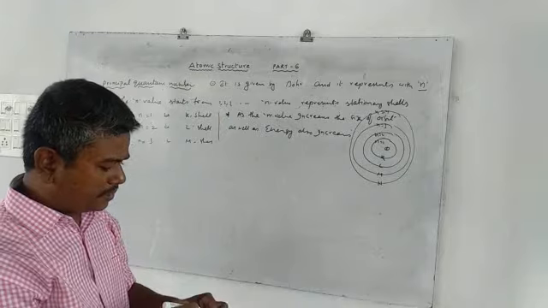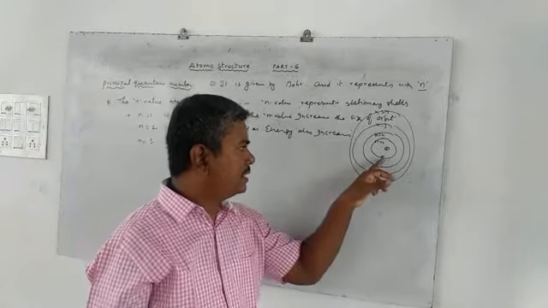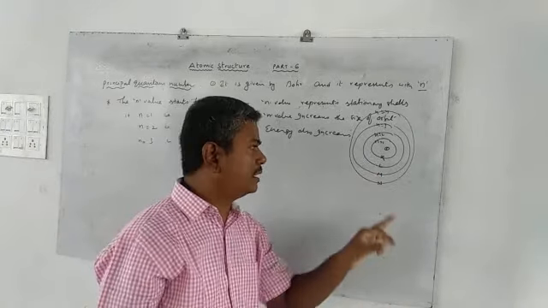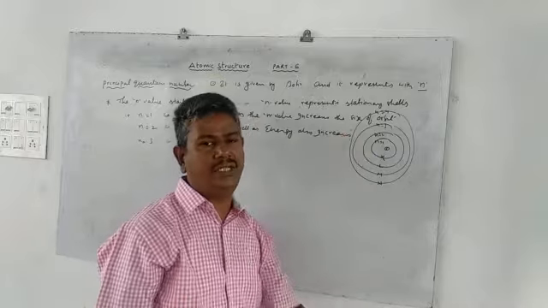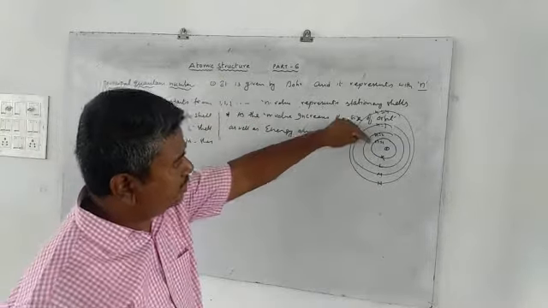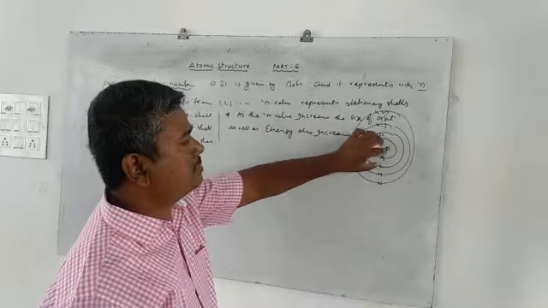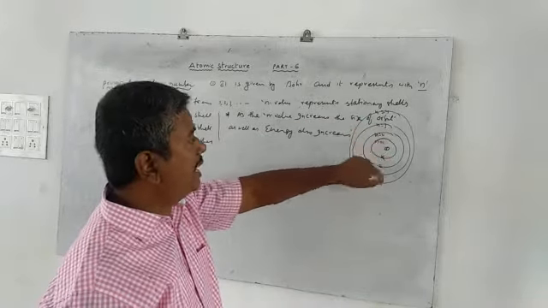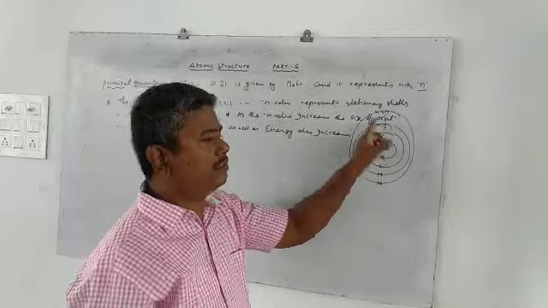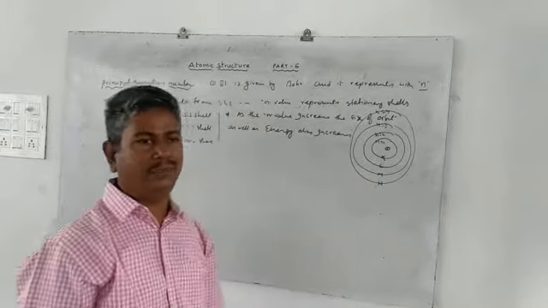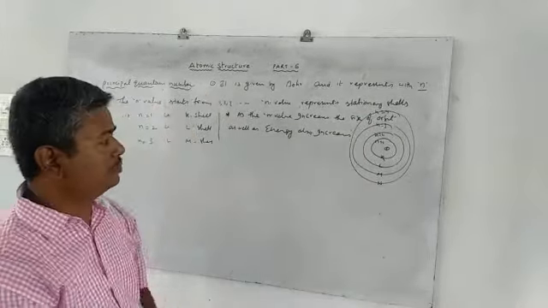So what do we observe? K, L, M, N represent stationary shells. As the n value increases, the radius increases. The radius means the size of the orbit increases, as well as the energy of the orbit also increases. That was given by which one? Niels Bohr.